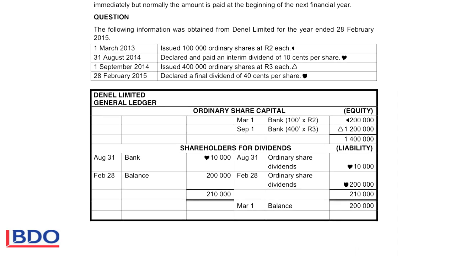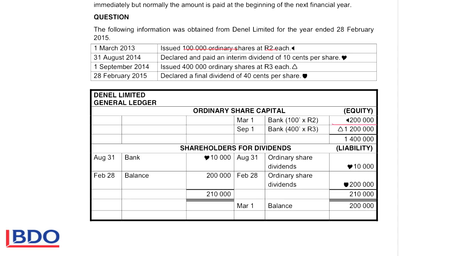The following information was obtained from Denel Limited for the year ended 28 February. On the 1st of March 2013, 100,000 ordinary shares were sold at 2 Rand each. That means in your capital account, you will show that you've got a balance of 200,000 Rand.